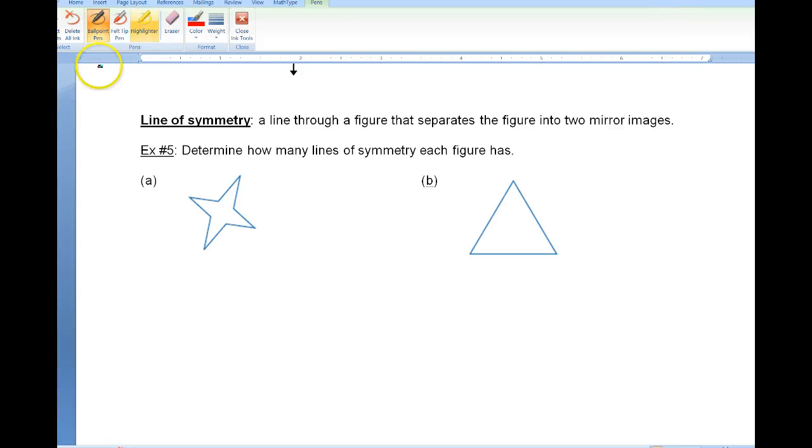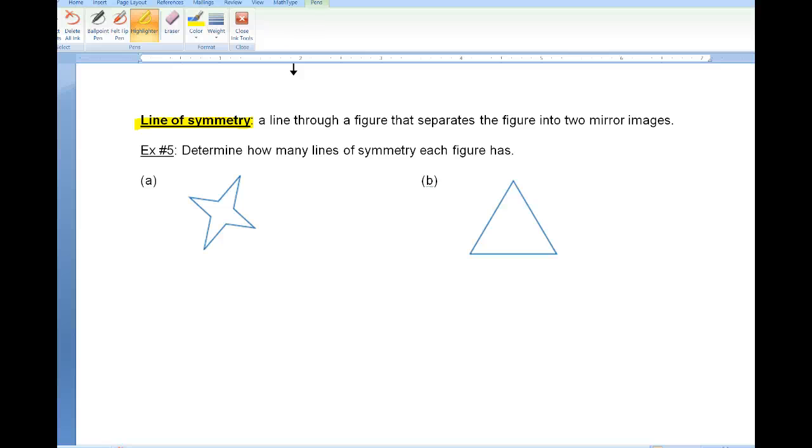All right, guys. Line of symmetry. A line of symmetry is a line through a figure that separates the figure into two mirror images.